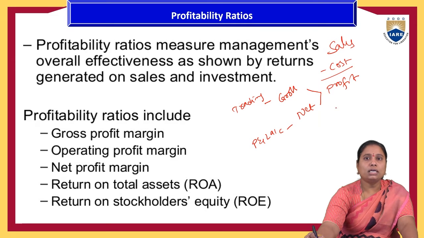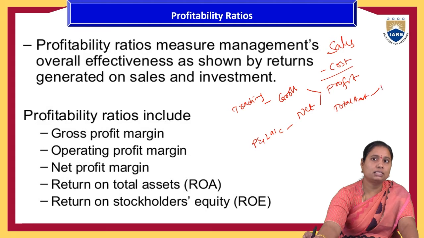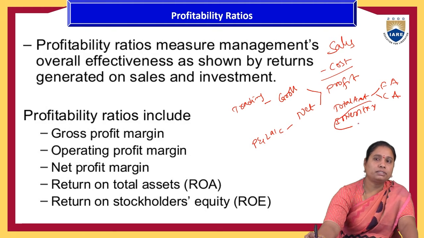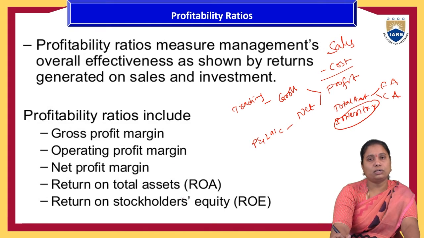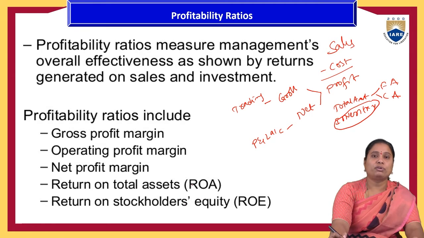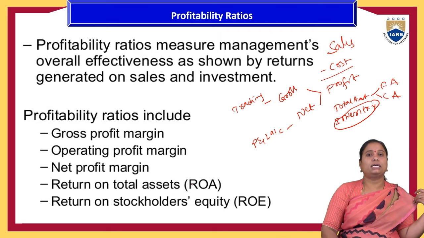So out of the total assets of the organization, that is the fixed assets as well as the current assets, or the total inventory of the organization, what is the sales percentage, the return on assets, and the return on equity shareholders: how much profitability they have given to the equity shareholders, and how much they have gained with the total assets.